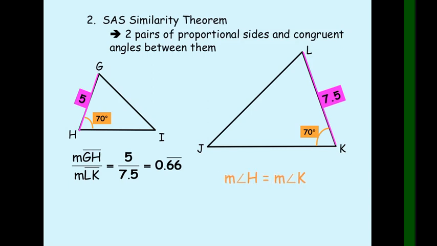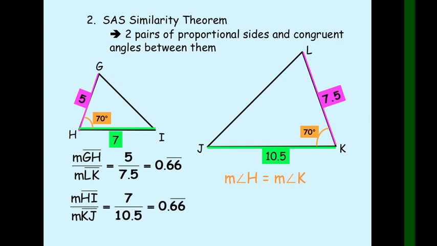So wala naman question doon pag pareho ng angle. So the measurement of angle H is congruent to the measurement of angle K. And we have HI and 10.5, which is JK. So the ratio is 7 over 10.5 and the answer is 0.66 bar.